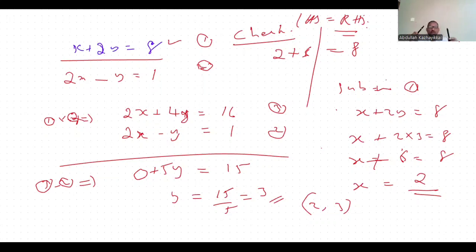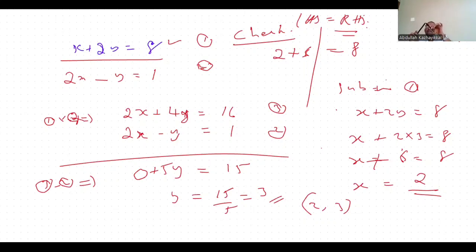We got x is equal to 2. That is why a1x plus b1y plus c1 is equal to 0, and a2x plus b2y plus c2 is equal to 0. These are two lines.